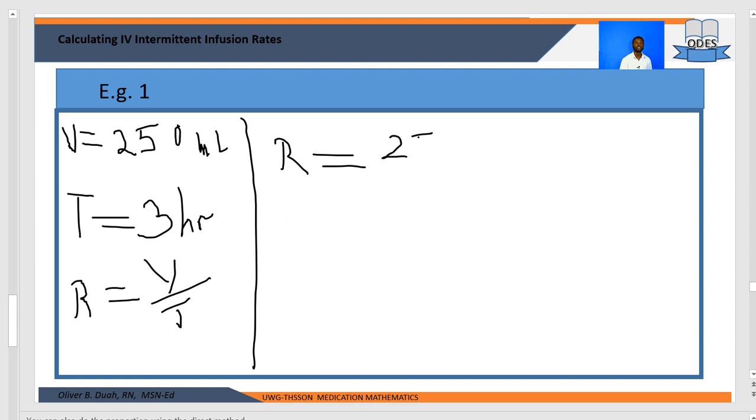And so we have 250 ml divided by 3 hours. And that is going to give us, let's punch that on our calculator, 250 divided by 3.